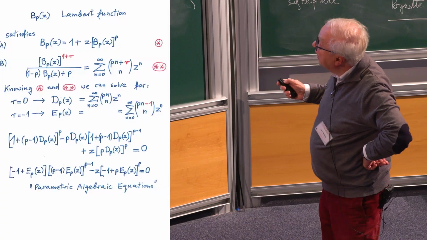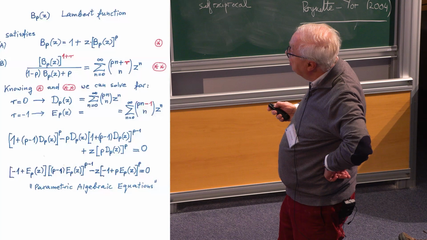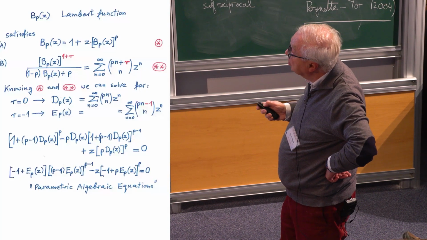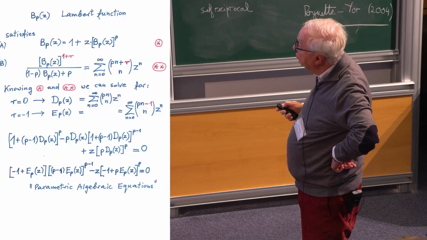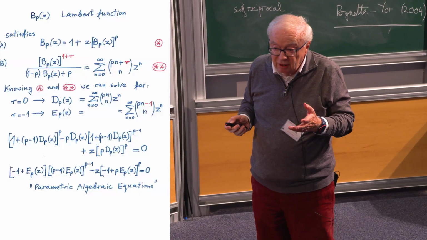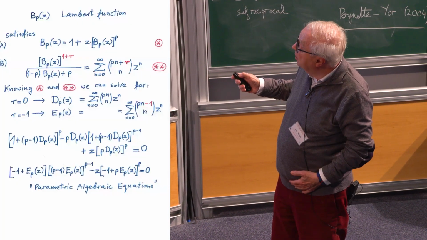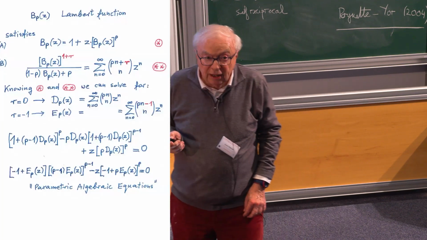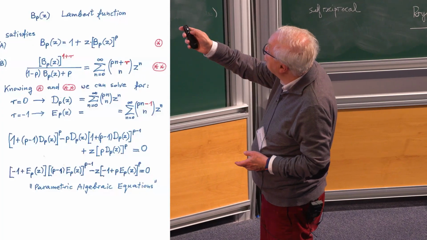In fact, by combining these two equations, I can write down explicit functional algebraic equations for these two functions, D and E. They are both of order P, and they are parametrized by P and explicit. So at least for these very simple cases of binomial and binomial shifted by 1, we have an explicit formula. And now I will just show you.